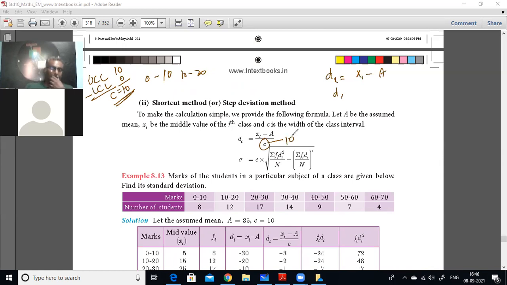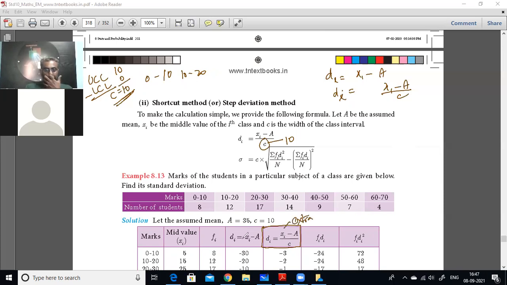Usually it will be 10 or 5 or 8, or sometimes 3. Now what you have to do in the new formula is xi minus a by c. That is your deviation. So the deviation column you have to calculate differently now. One extra step you have to do in the deviation column.